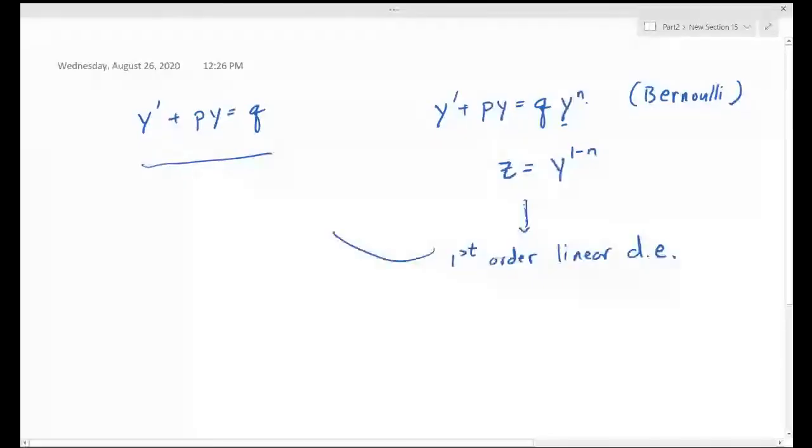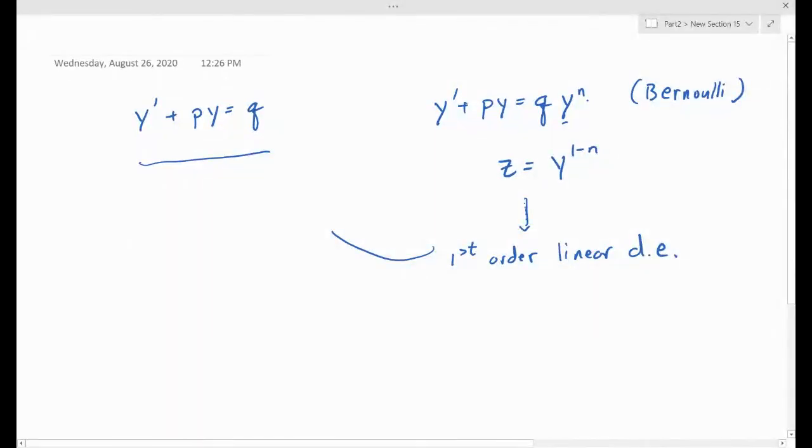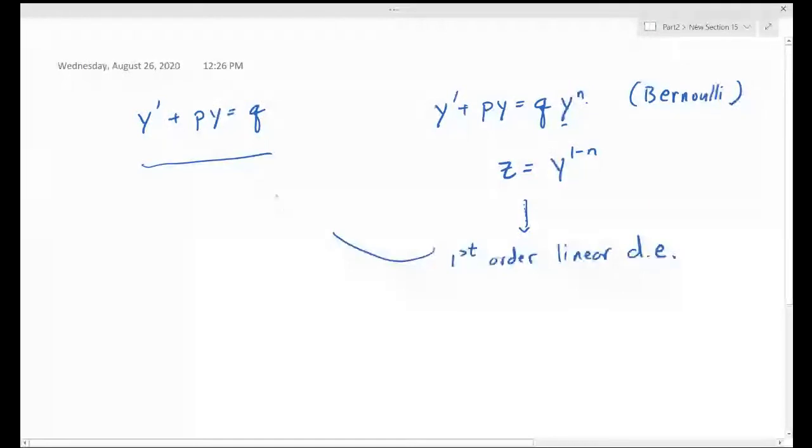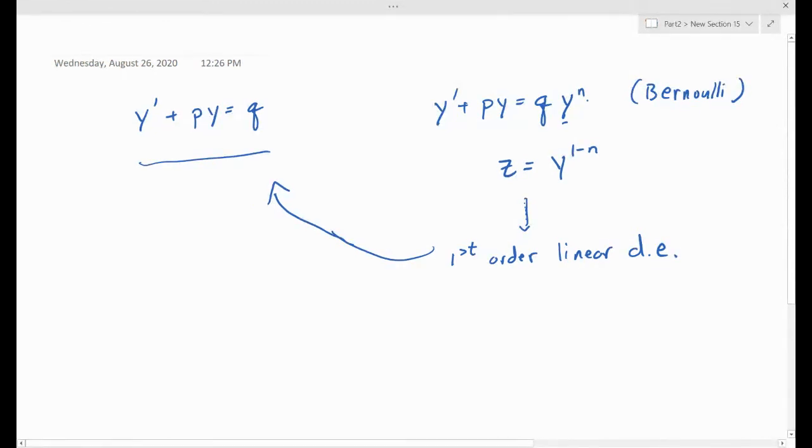So you reduce the Bernoulli case, which is nonlinear, by using the substitution into a case which you know how to deal with, the first order linear differential equation. The Bernoulli is a first order ordinary differential equation, except it's not linear because of this. But using the substitution, you'll turn it into a first order linear differential equation.